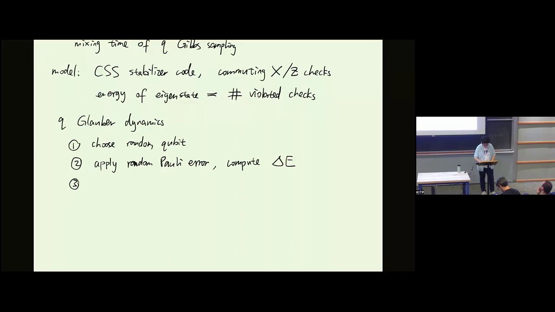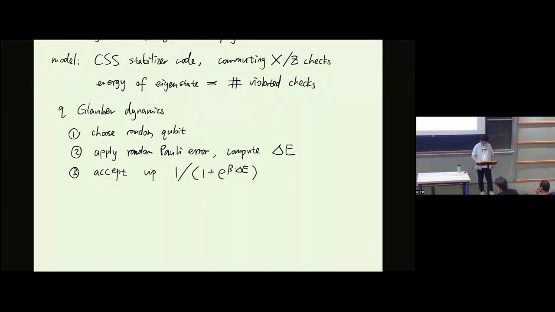And we simply flip a coin, and we will either accept this Pauli error or not with probability 1 over 1 plus e to the beta times delta E, where beta is the inverse temperature. So this is very intuitive, because we are trying to locally decrease the energy. This probability favors low energy configurations, and the lower the temperature is, the more greedy we are in terms of decreasing the energy.